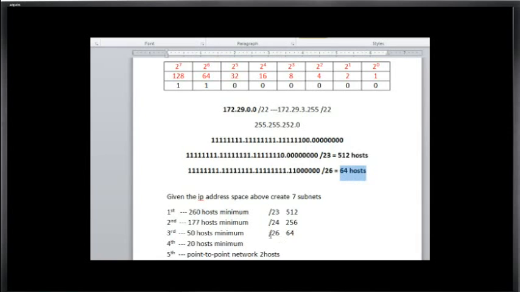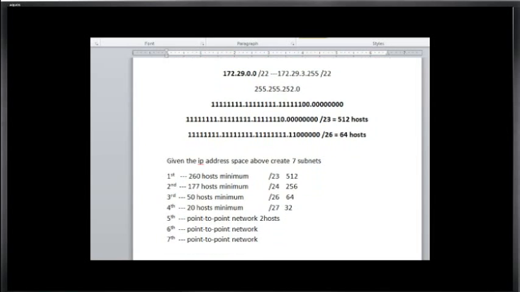So that's going to be /26, and then this one will be a /27, and that'll give us 32 hosts. Now, for the point-to-point networks at the bottom, the highest you can go is a /30, and that'll give you 4 hosts, only 2 of which are usable, so that'll be good for a point-to-point connection.